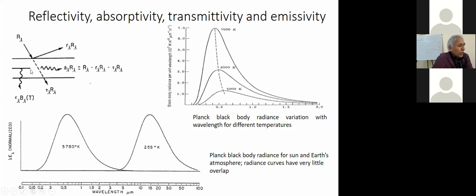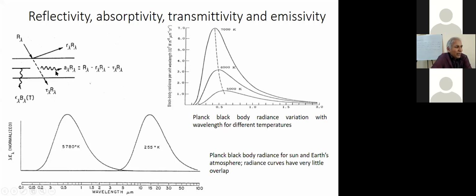And of what is incident, what is reflected and what is transmitted, the remaining gets absorbed. So we have the definition of absorptivity, which is A lambda. Absorptivity is nothing but the amount of radiation that is absorbed to the total incident radiation. Now, from the concept of conservation of energy, it's very clear that the incident radiation is there, then part of that gets reflected, part of that gets transmitted, and the remaining gets absorbed.